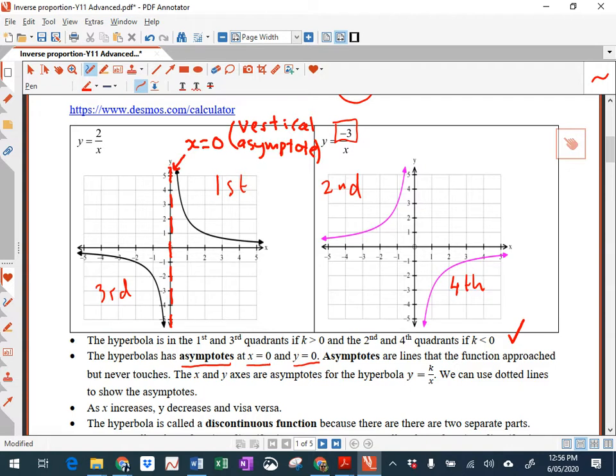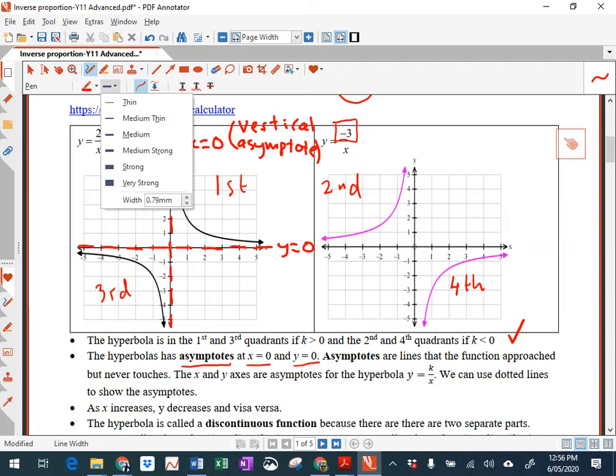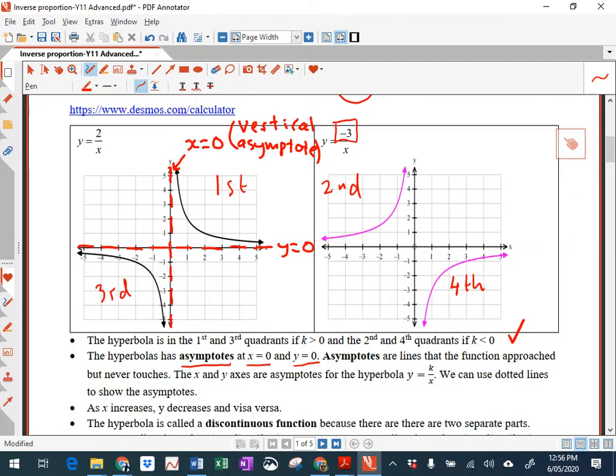And the line y equals 0 is a horizontal line that sits right on the x-axis. Let's change the thickness there. And y equals 0 is the horizontal asymptote. And there it is, that horizontal dashed line.